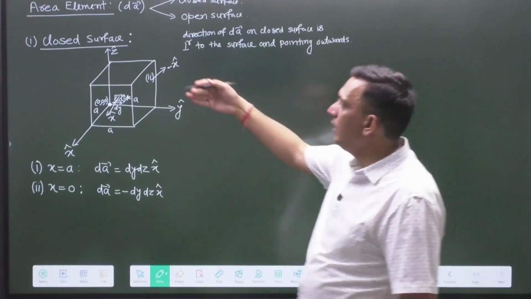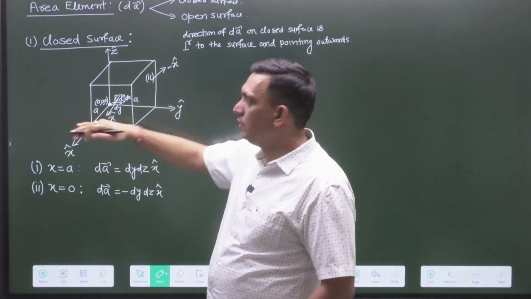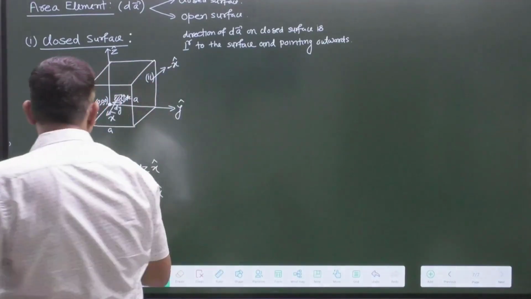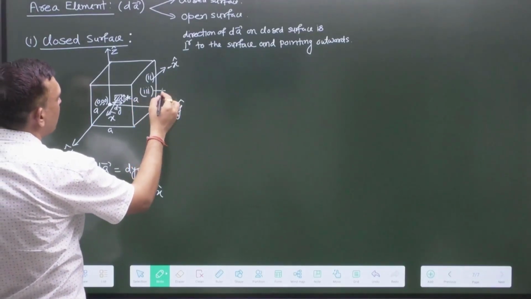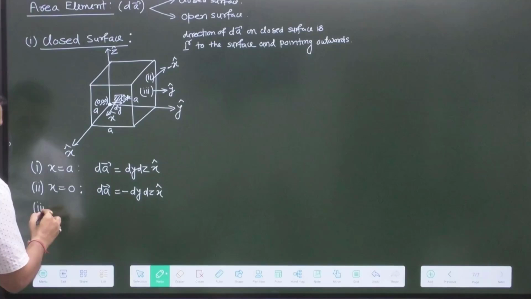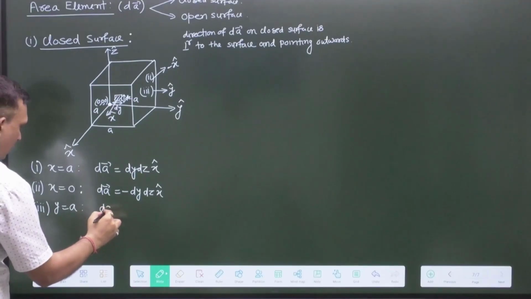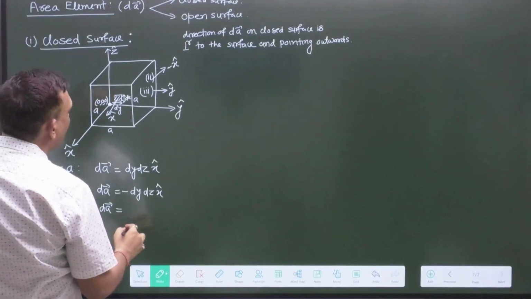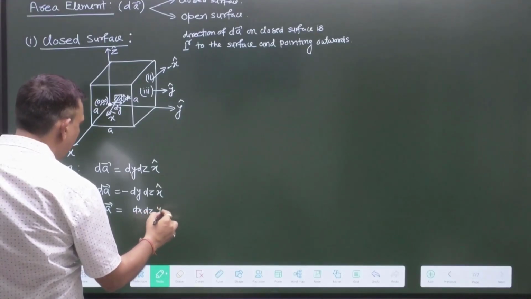x equal to a, x equal to 0. In the same way, this is y equal to a, y equal to 0. This is z equal to a, z equal to 0. So let's write. Now I am taking this to be surface 3. This direction is y cap. So surface 3 is y equal to a, and dA will be dx dz y cap.